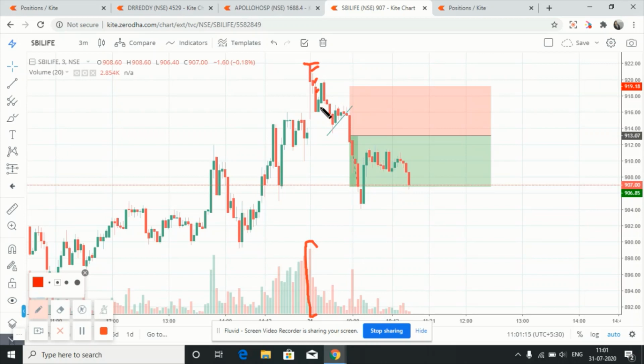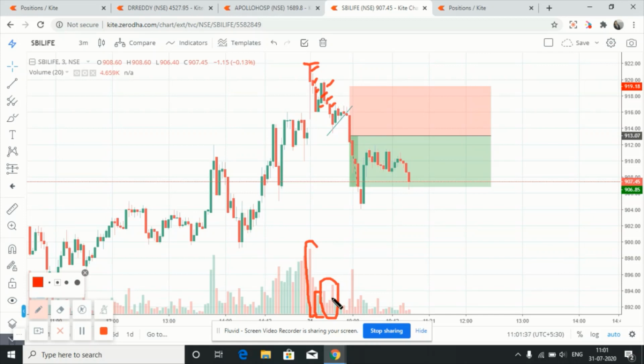Now let's see what happens when the market is on the buying side. We see two green candles, and when the market is on the buying side, we see a decrease in volume. Again, when the market is on the selling side, we see increased volume compared to the buying volume.